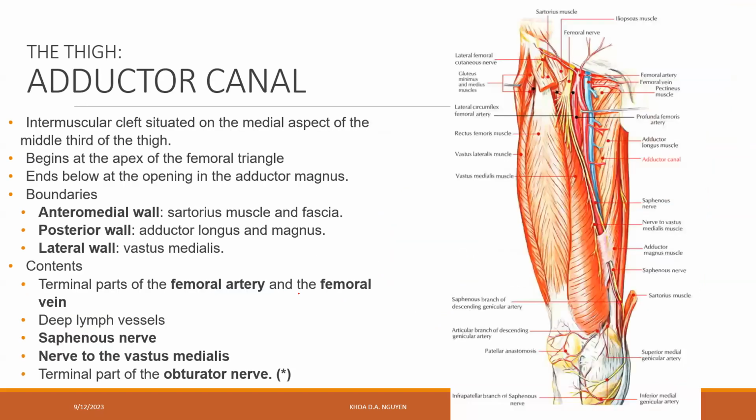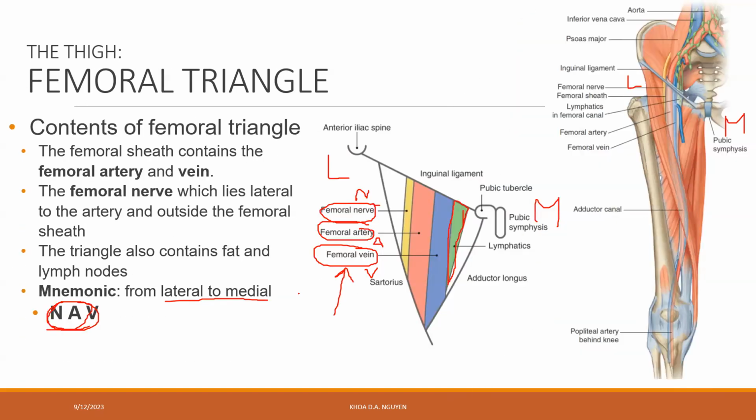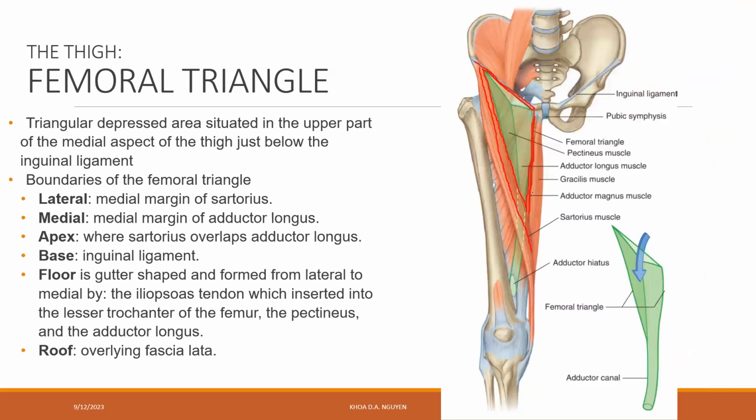All right, now let's go on to the adductor canal. Let's take another look at this one. The apex of the femoral triangle is right here, and this is where the femoral triangle ends. But the femoral artery, vein, and nerve will have to travel through this femoral triangle to go to other places, right?